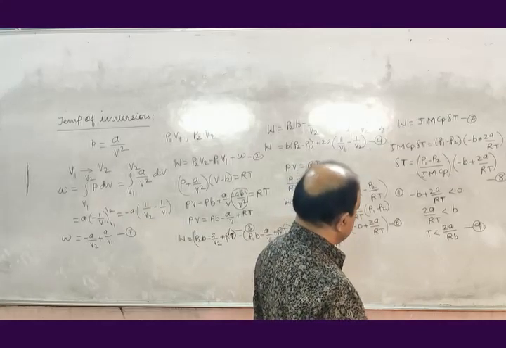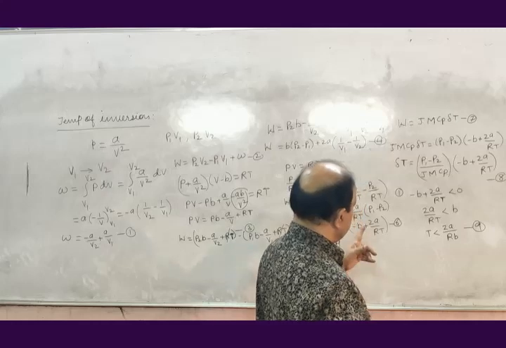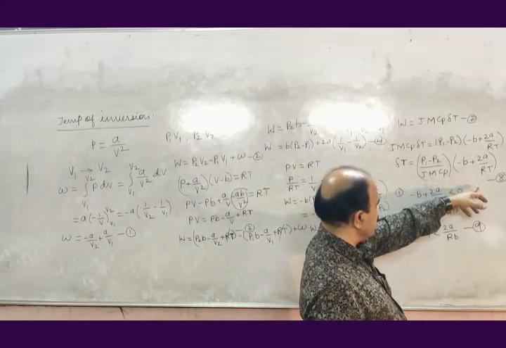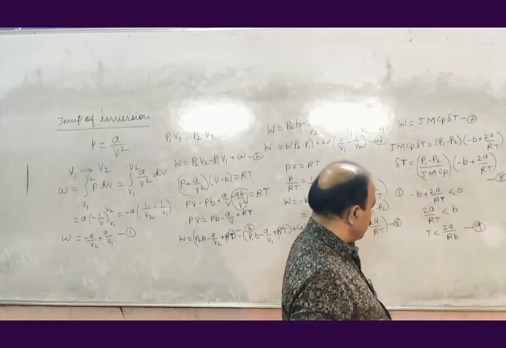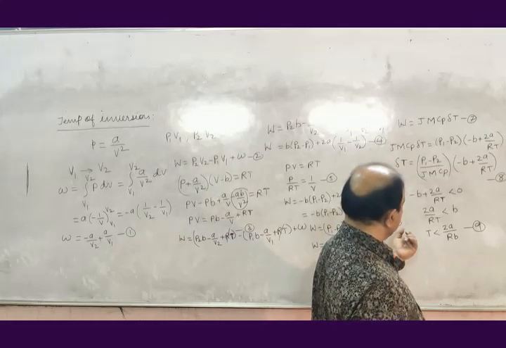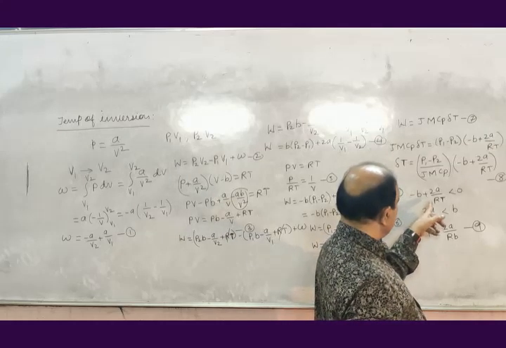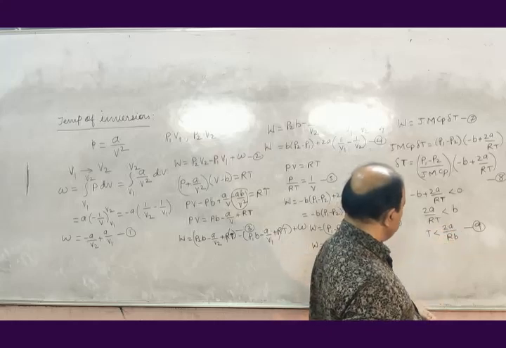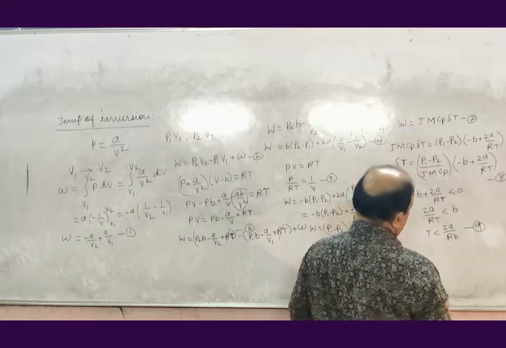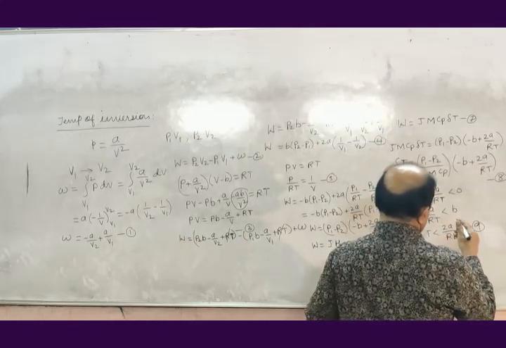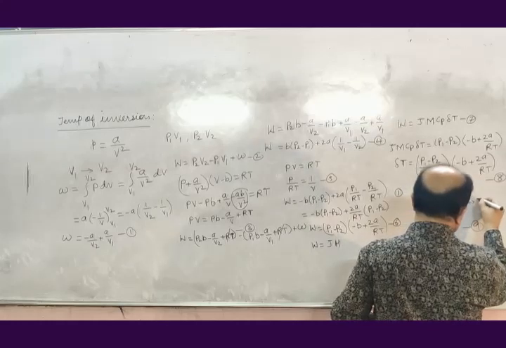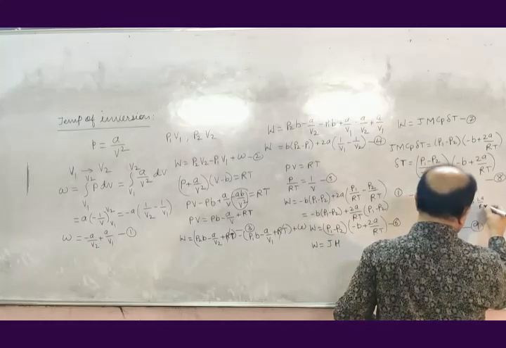Is it correct? Minus B plus 2A by RT less than 0, then only this will be negative, and therefore 2A by RT less than B, or B greater than 2A by RT.